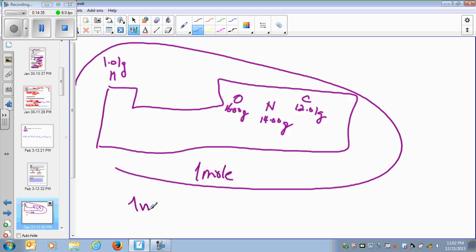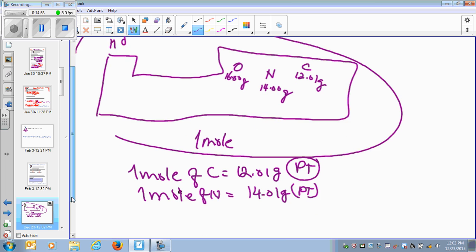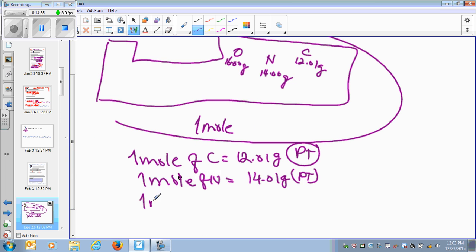Okay, 1 mole of carbon is equal to 12.01 grams. And where do you get this from? The periodic table. 1 mole of nitrogen is equal to 14.01 grams, which you get from the periodic table. 1 mole of oxygen is equal to 16.00 grams, again gotten from the periodic table.